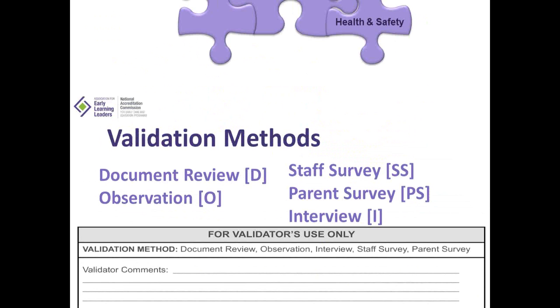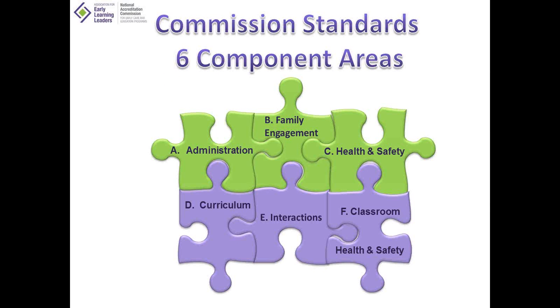In the collaboration, we focus primarily on the component areas of health and safety and classroom health and safety, but we did want to make sure that environmental health was incorporated throughout the program, so there are also other standards that incorporate some of the new recommendations for improvement that we are going to be recommending to our council.